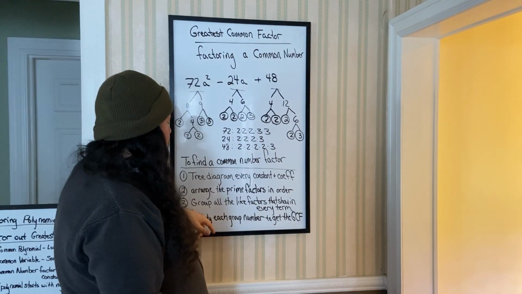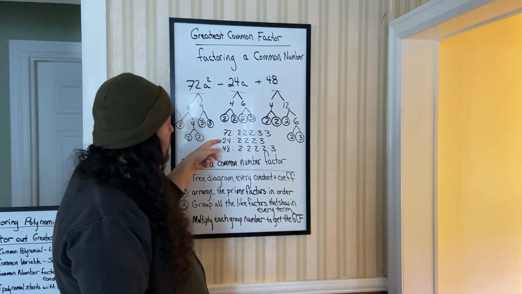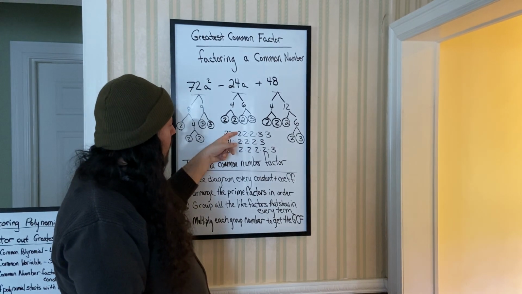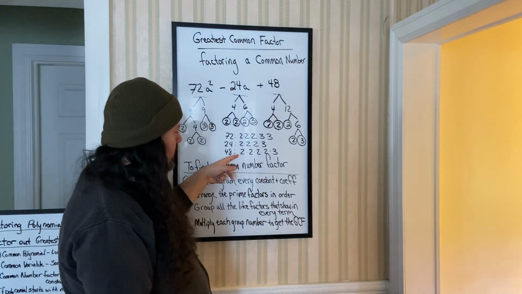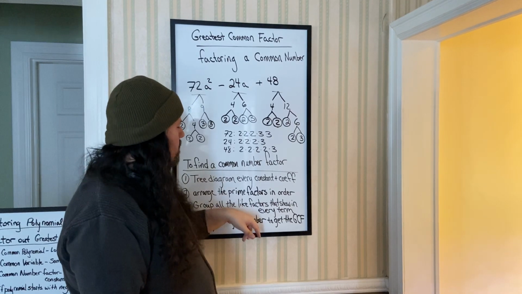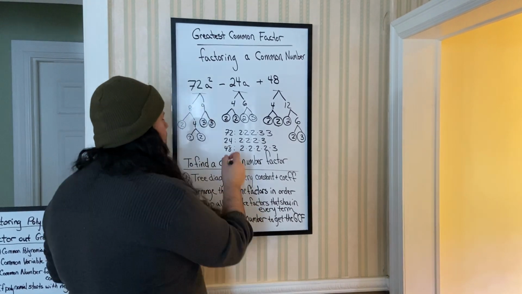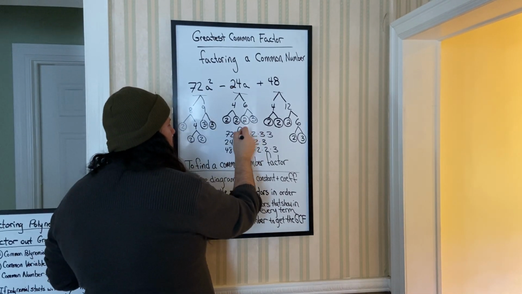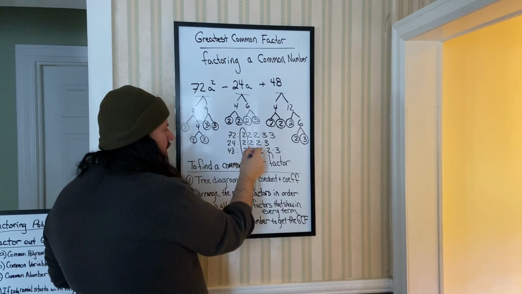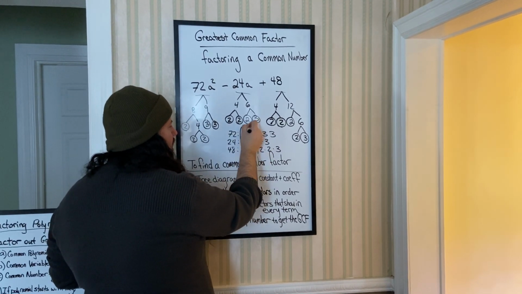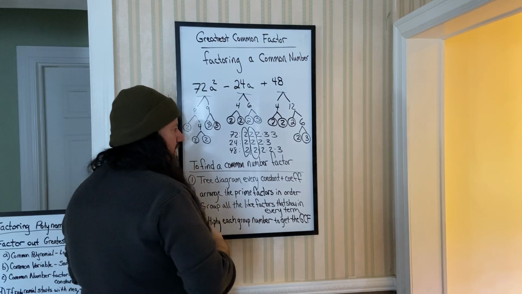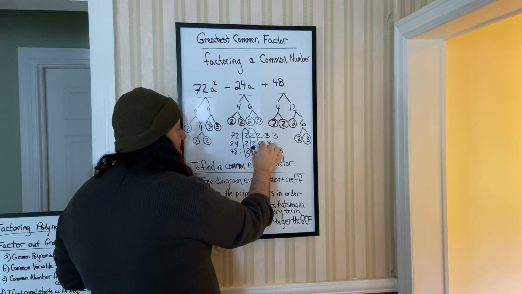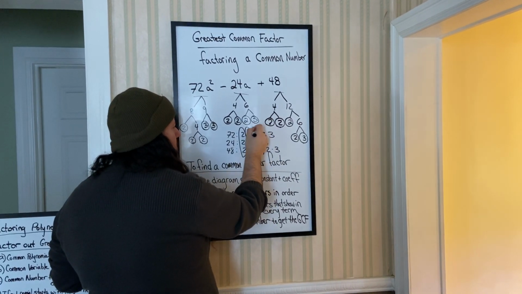And so whatever type of order you want them in, try to group them all together. The next thing that you want to do is notice that 72, 48, and 24, they all have the same number factor. So for each group, I circle them. I see that they all have 1 2 in common. But I also see that they all have a second 2 in common. But notice they all, each and every term, has a third 2 in common.